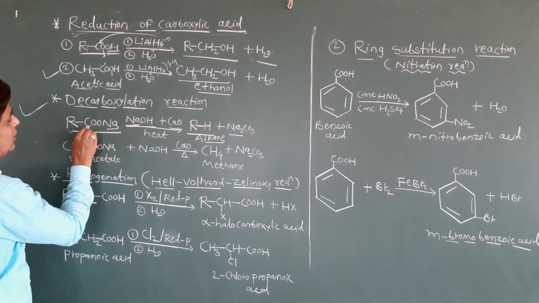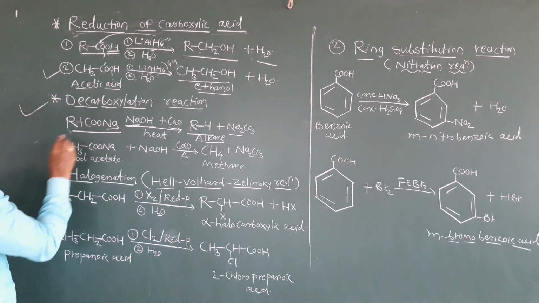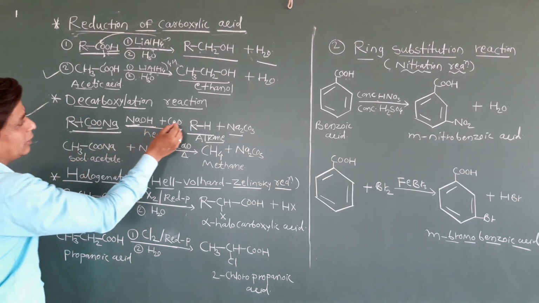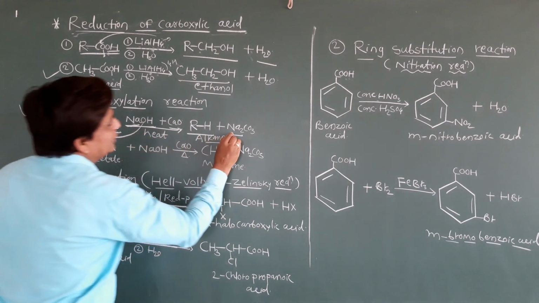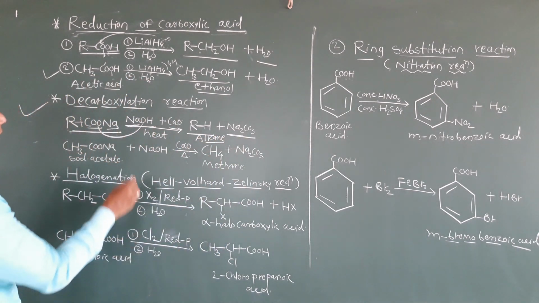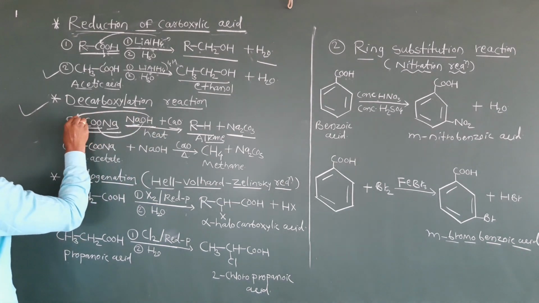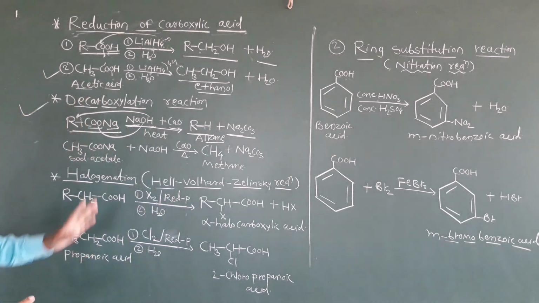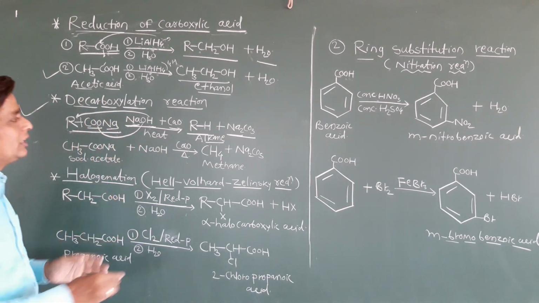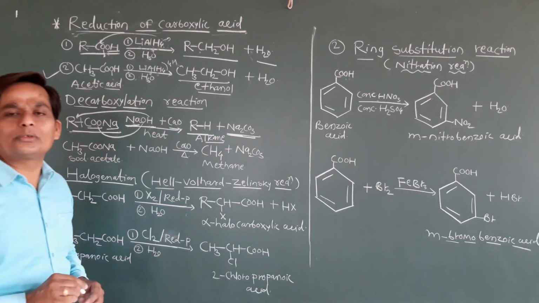Then the bond breaks from here, and this carbon, 2 oxygens, and one more oxygen from NaOH give Na2CO3. Sodium carbonate is removed, and the remaining hydrogen gets attached to this R, and we simply get an alkane.